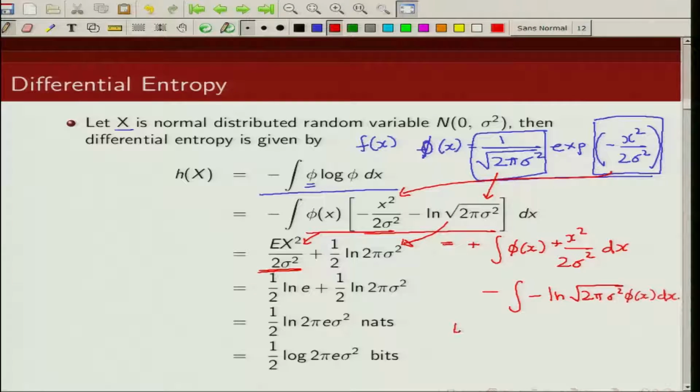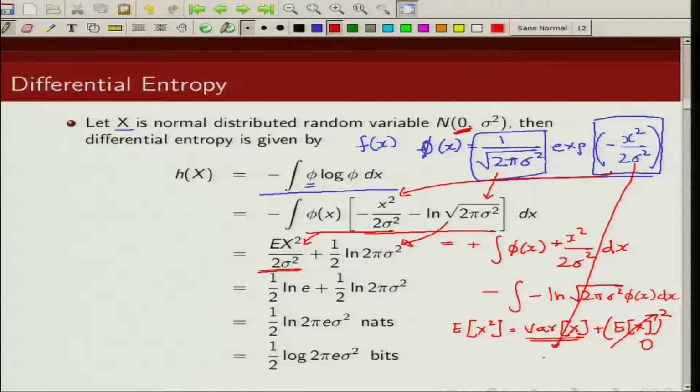Now what is the expected value of x square? That's given by the variance of x plus the expected value of x whole square. Now what is the expected value of x? That is 0. So this term is 0 and the variance is sigma square. So the expected value of x square is sigma square. So sigma square cancels out. What we'll get is half.